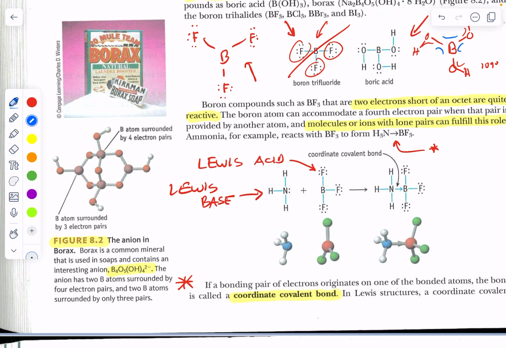Now, coming back over to this picture down here, I don't know if you've ever heard of borax before, and in this picture you see the term 20-mule-team borax, which refers to the fact that when this mineral was mined out of the ground, and this is like 100 years ago, they used to use 20 mules, 10 teams or 10 pairs of mules to haul these gigantic wooden carts on wheels out of the rather desert region from which the borax was being mined to be used in soaps.